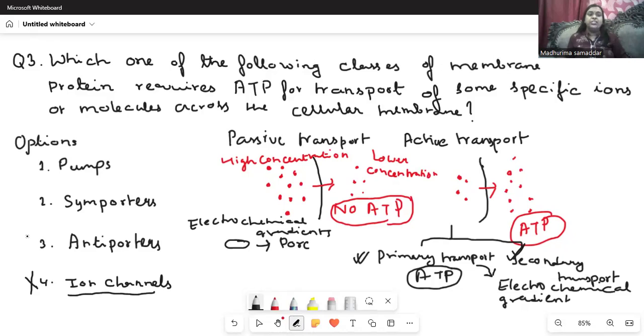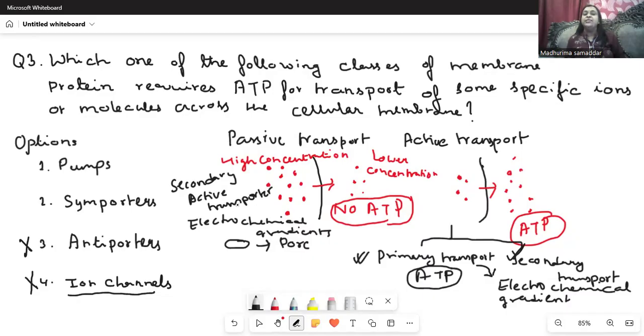Let us go to option number 2, symporters. In case of symporters, they are just like antiporters. They are also secondary active transporters.